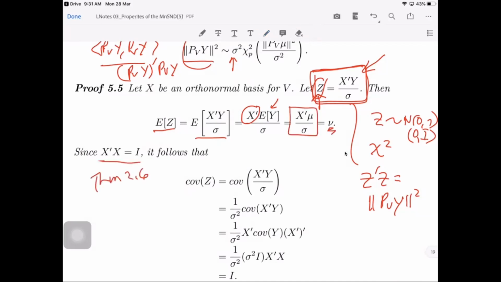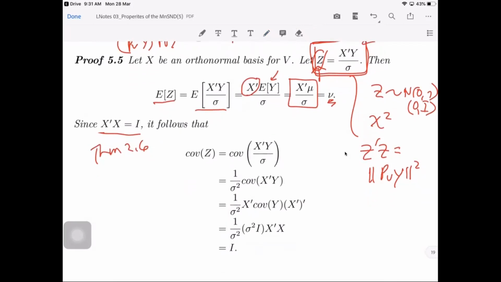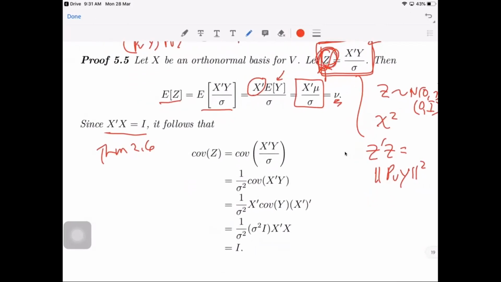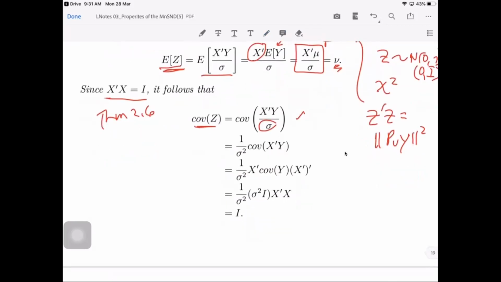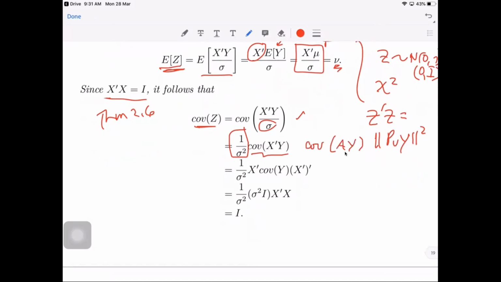So it follows that when we try to get the distribution of z, you find the mean of z and the covariance of z. So sigma is just a constant. So the variance there will be 1 over sigma squared, and then the covariance of x prime y. So you can take it as a covariance of Ay, where A here is your x prime. So the covariance of Ay is A, covariance of y, then A prime.